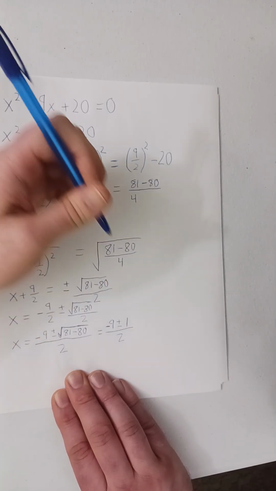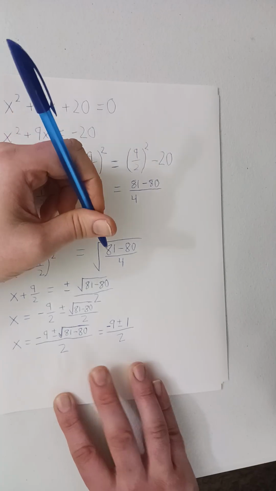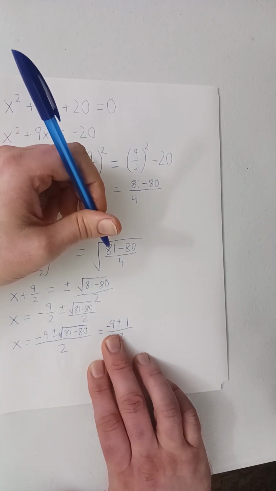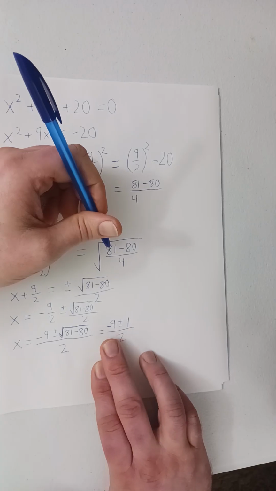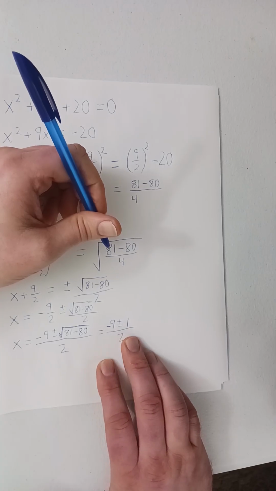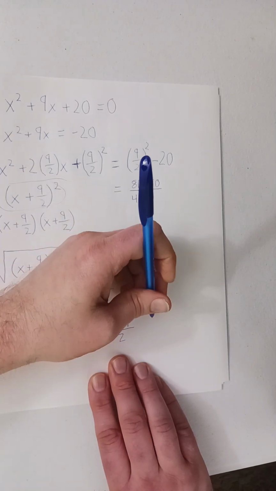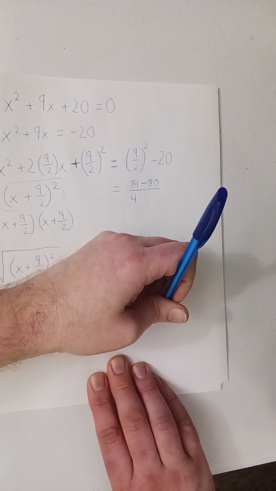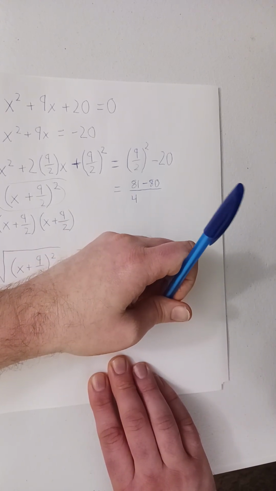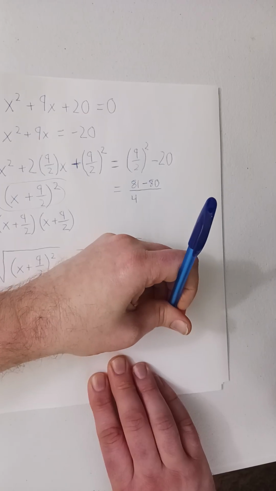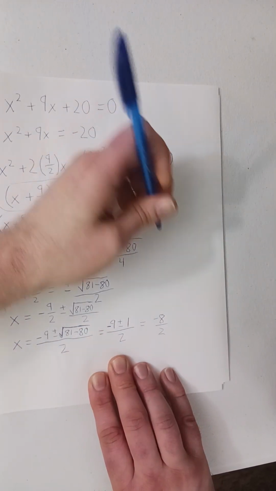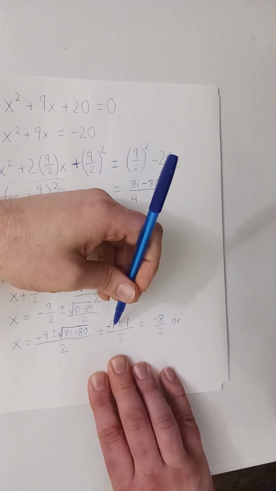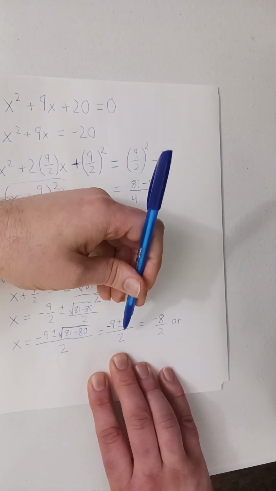over 2. So what that means is we're going to have to do two different calculations. One where we have negative 9 plus 1, and one where we have negative 9 minus 1. So we can have negative 8 divided by 2, or negative 9 minus 1 is negative 10 over 2, right?